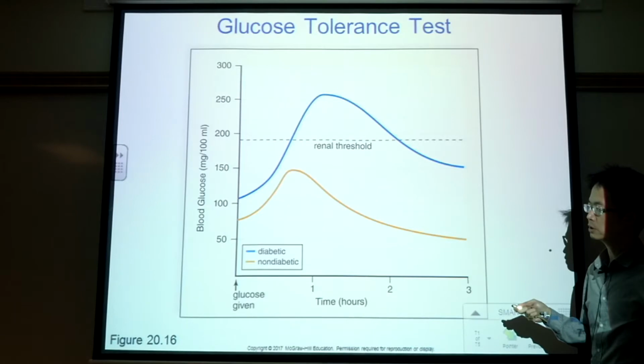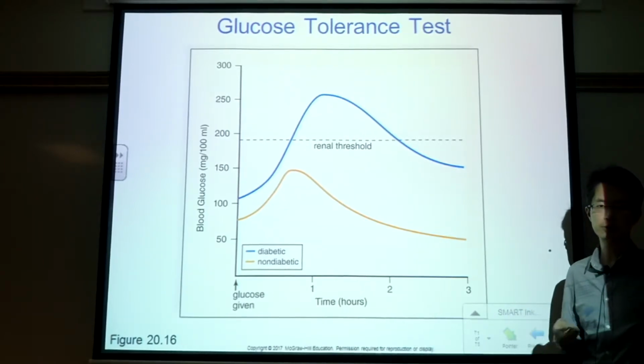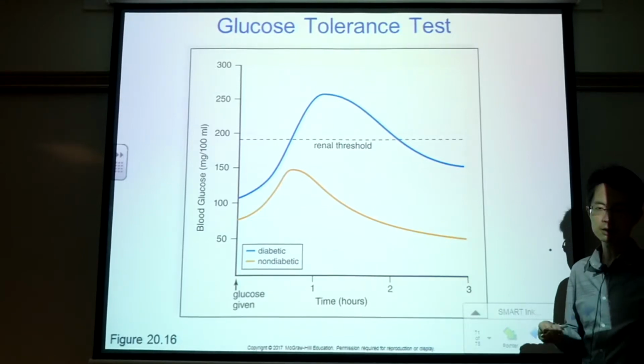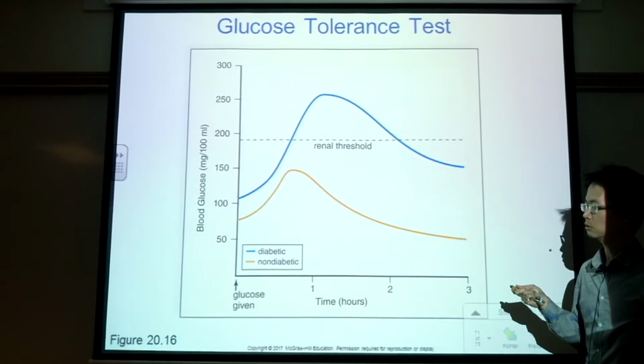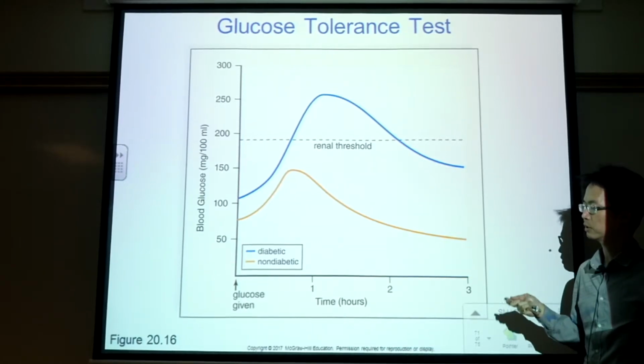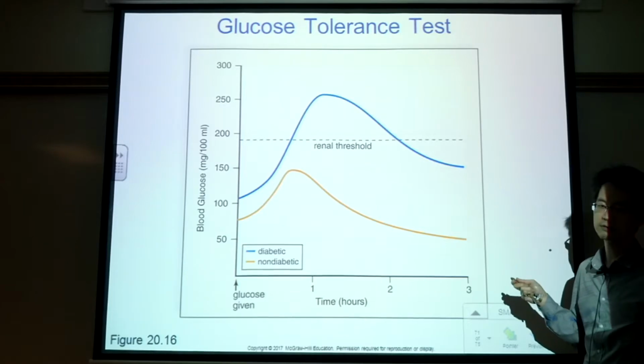In a healthy individual, there will be an increase in the glucose level, let's say in 1 hour, but then eventually it will decrease back because our body can produce and respond to insulin. The insulin will lower the glucose level after 1 hour, but for a diabetic patient, it won't happen. It will keep on increasing, and then eventually decrease a little bit, but it's still at a very high level of glucose.